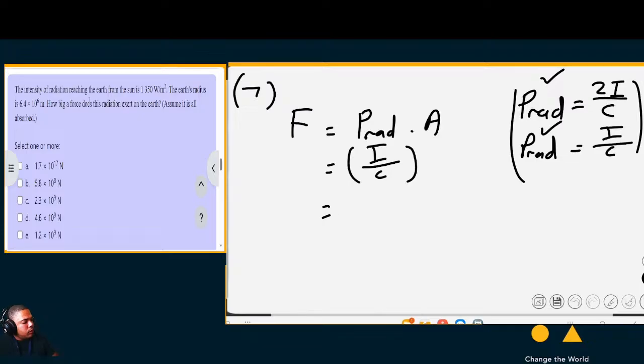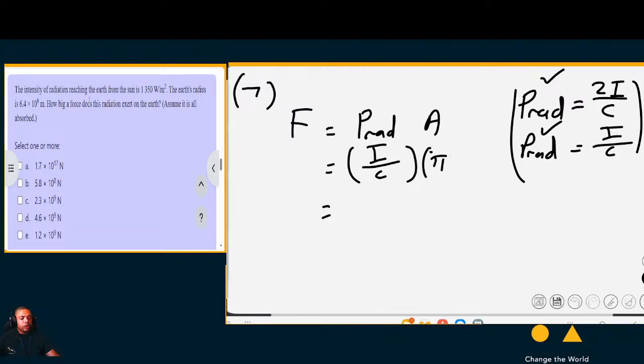So we have the radiation pressure for a perfectly absorbing sphere times the area, which is not 4 pi r squared but the cross-sectional area, pi r squared.